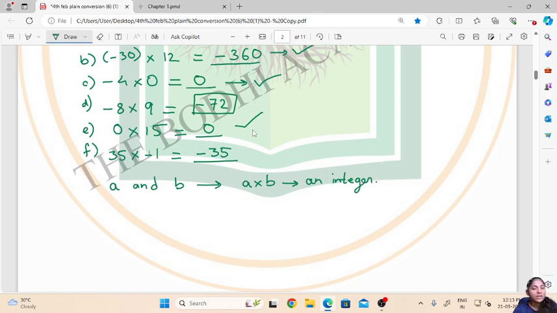So we can say that integers are closed under multiplication.